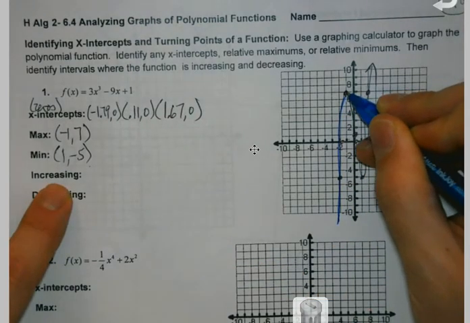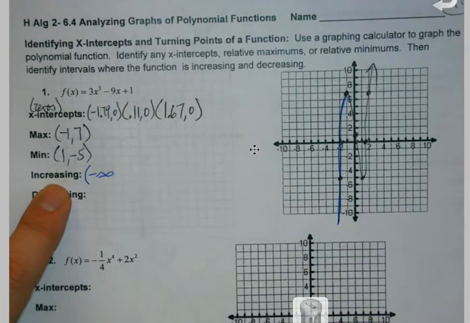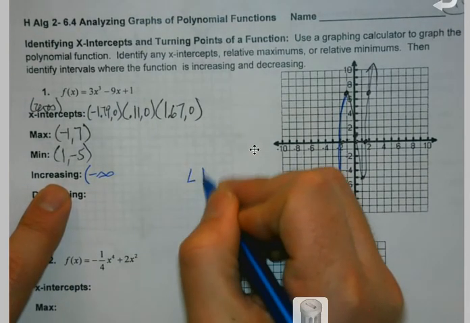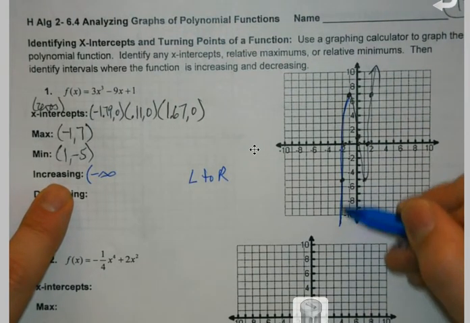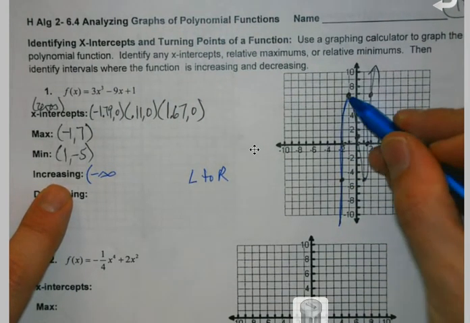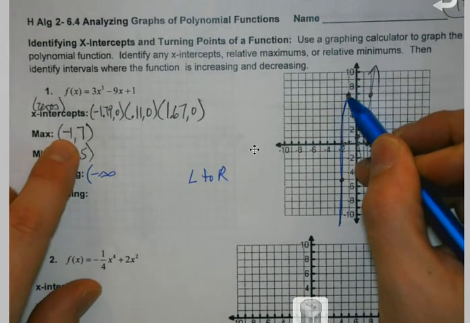So this particular one starts at negative infinity, because we're always doing these from left to right, until I get up to my maximum point here, which is when x equals -1.